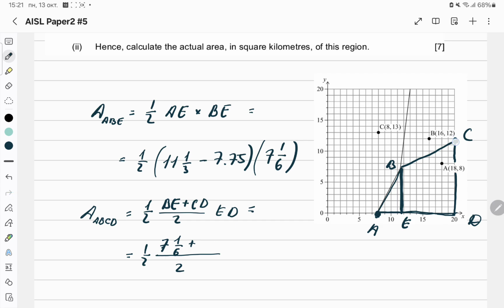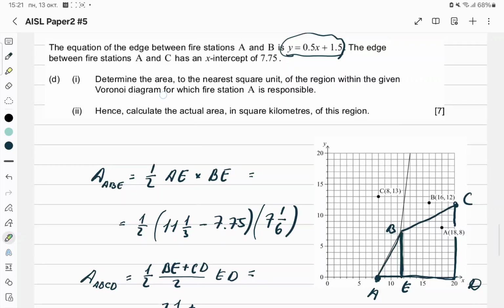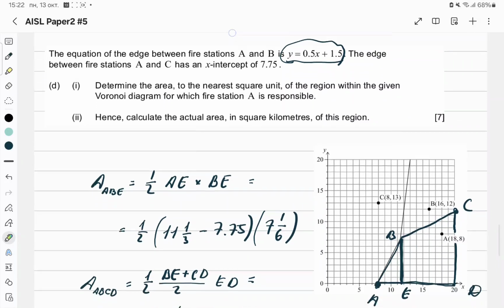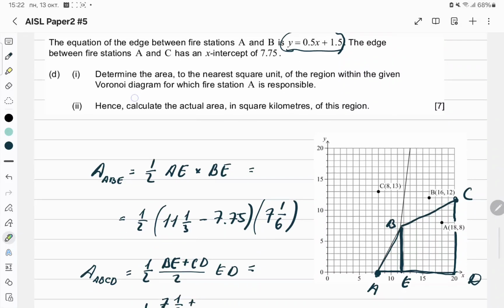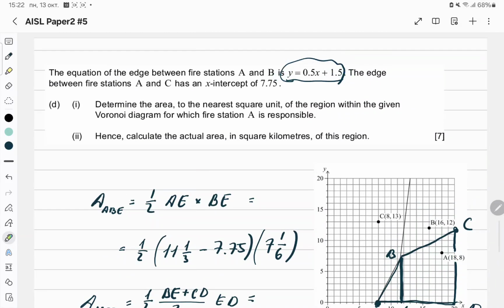So we should find this distance, right? So we should find this distance. That's why we should plug 20 into the equation of the line BC, so to the line. So we will put 20 here in this equation. That's why it's given.